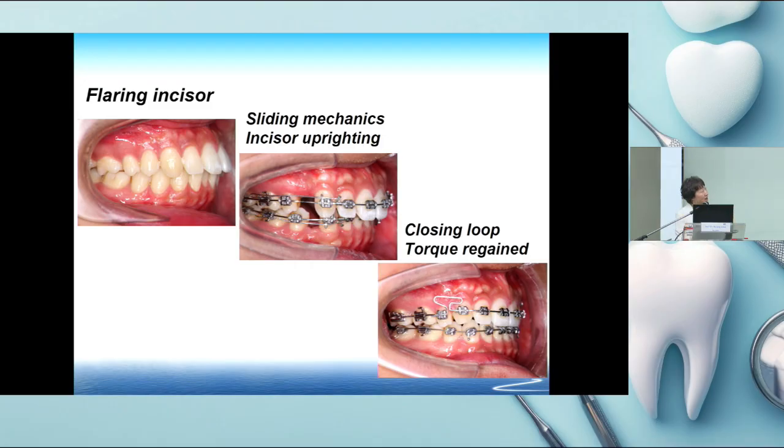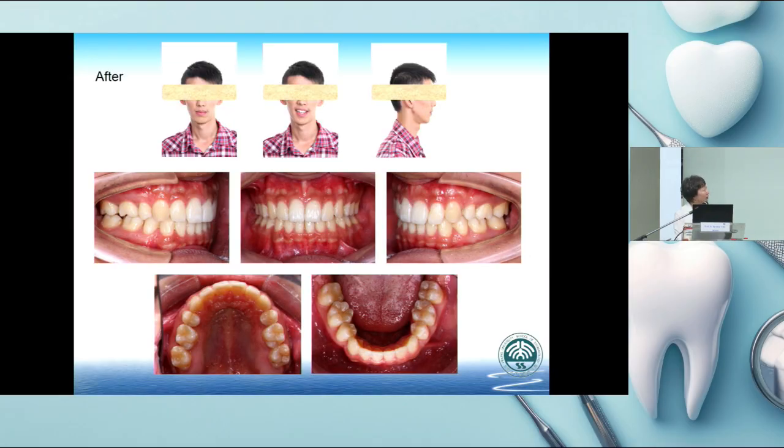And that's how we lost the anterior tooth torque. At this stage, the anterior teeth are quite straight. So what should we do? We use a loop and we put a torque here. And as you all see, the ending is okay, it's quite good.